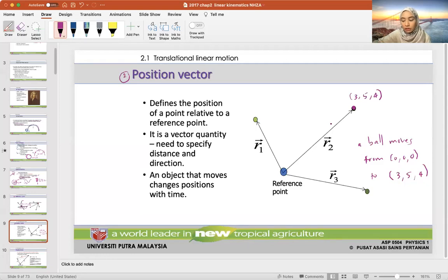The final position of the ball is 3, 5, 4, kalau kita pakai coordinate system XYZ lah. Or if kita cakap pasal Abu tadi, moves 5 km towards the north, so the final position of Abu is 5 km towards the north from the reference point. Okay, so position vector ni describes the position of your object lah, ataupun the position of that person. Nanti kita akan pakai pasal position vector ni kemudian.